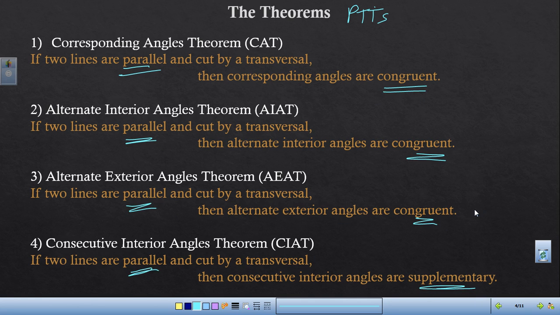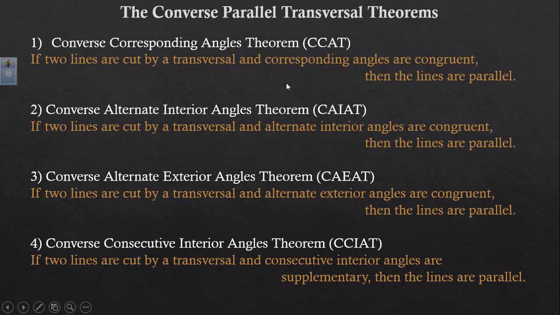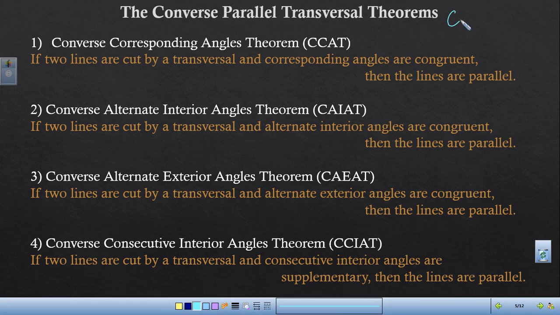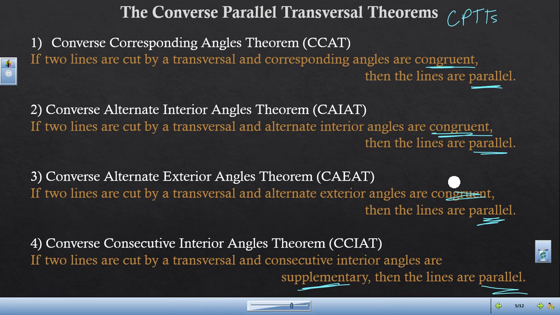While the converse parallel transversal theorems, the CPTTs, are congruent to be parallel, congruent to be parallel, congruent to be parallel, and supplementary to be parallel. Let's fix that. The one is parallel to congruent, the other is congruent to parallel.